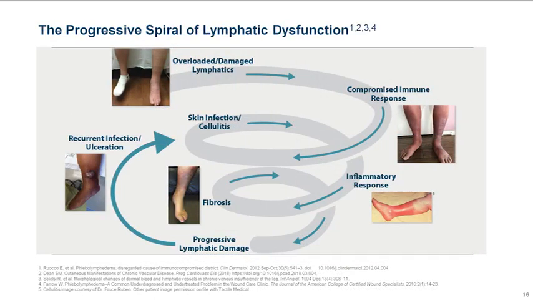With advanced phlebolymphedema, the lymphatic system is overloaded, resulting in compromised immune response. This increases the risk of skin infection and cellulitis. With the development of cellulitis, lymphatic function is further compromised and can be even further damaged. This can result in skin fibrosis and subsequent progressive lymphatic damage, and the vicious cycle continues.